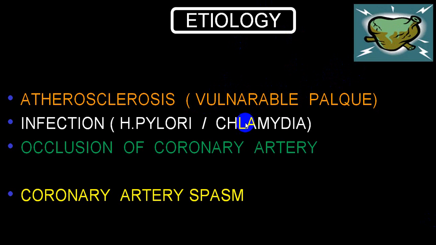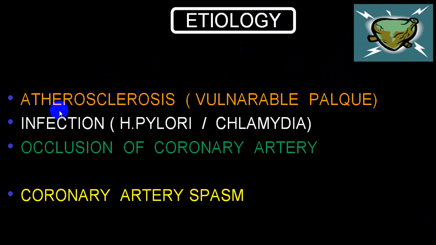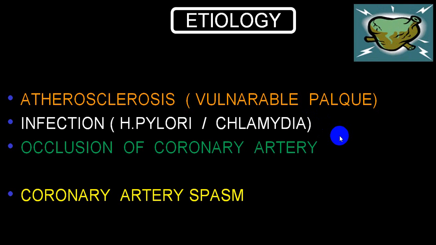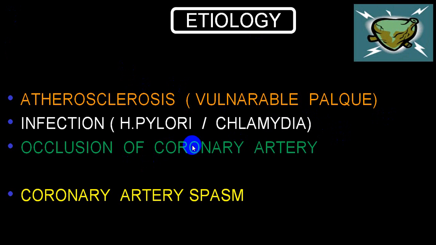This vulnerable plaque can rupture because of infections like H. pylori or chlamydia, and also because of stress, mental stress, physical stress, etc. And once that plaque ruptures, there is formation of a thrombus which will lead to occlusion of the coronary artery.